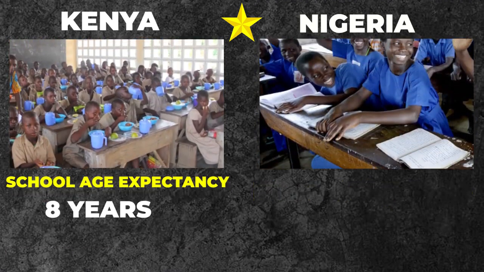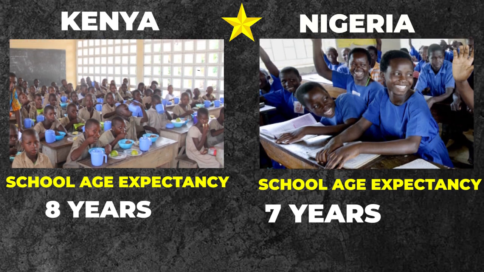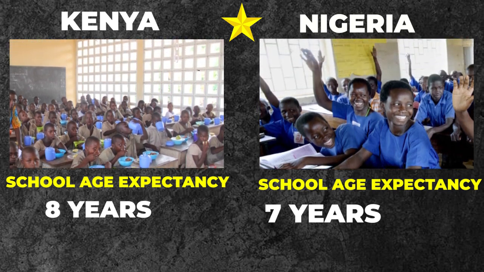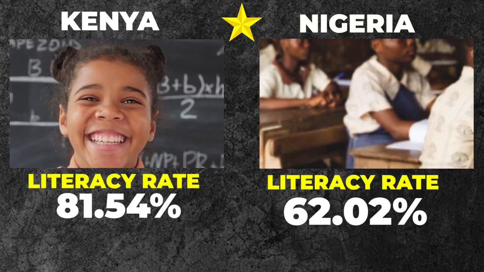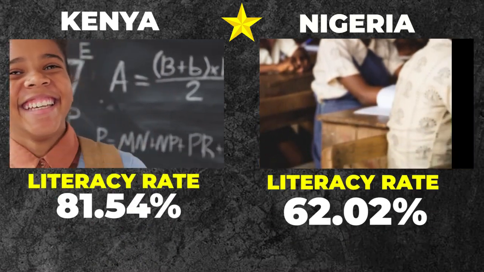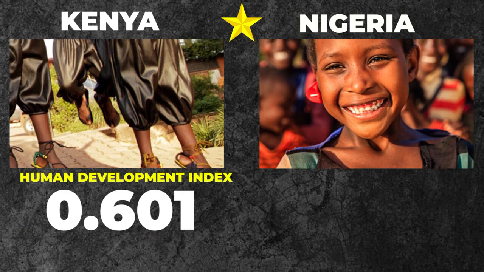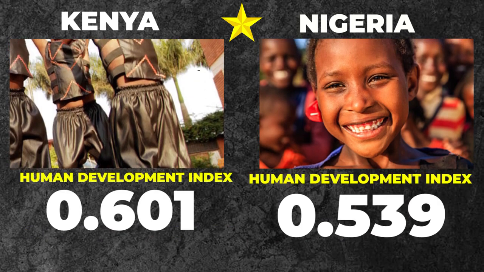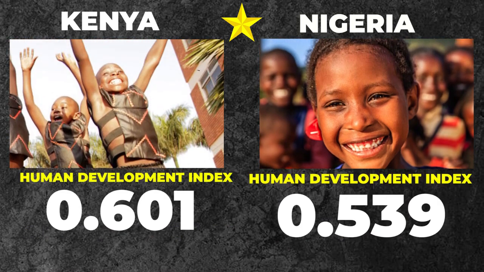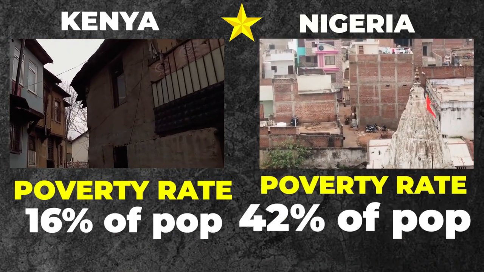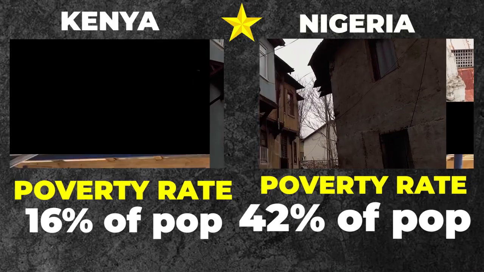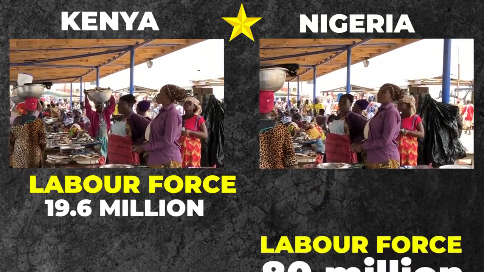The amount of years that youngsters are expected to complete their education is referred to as school life expectancy. What is the literacy rate? Country's Human Development Index. In other words, how happy are the people? Percent of population living in poverty. Total labor force.